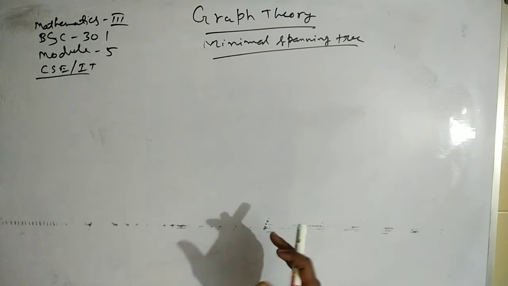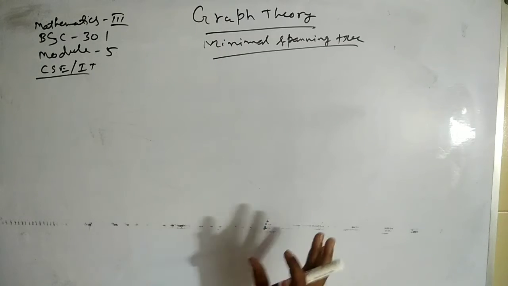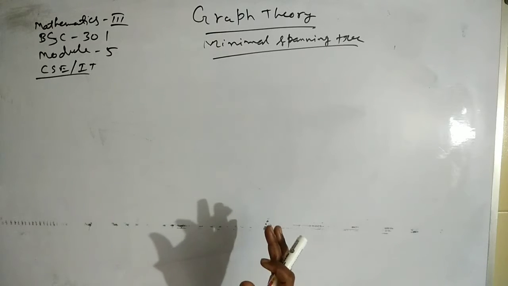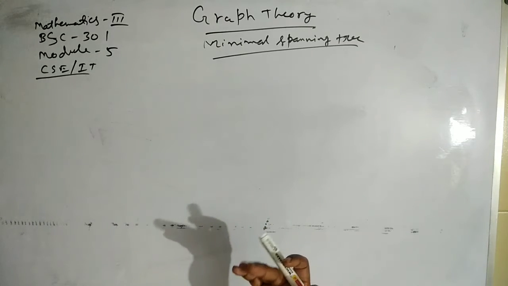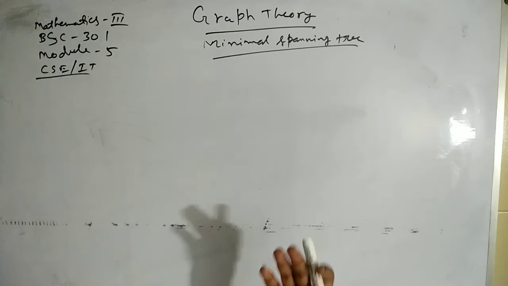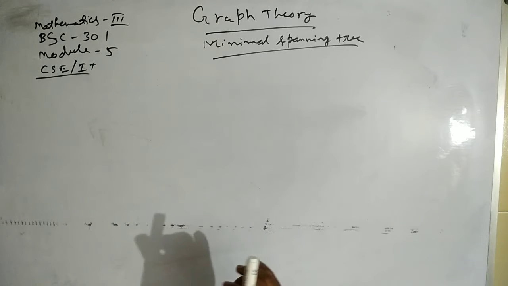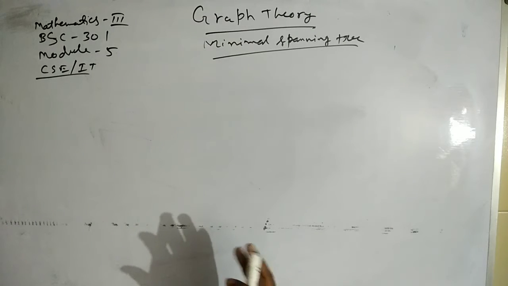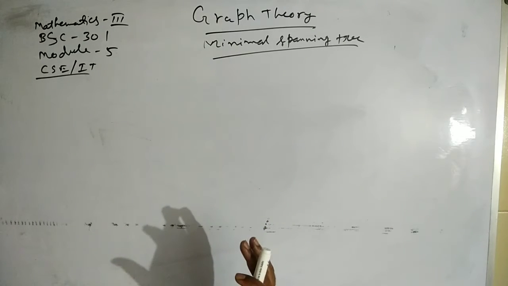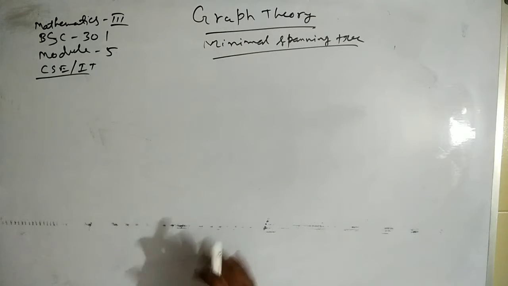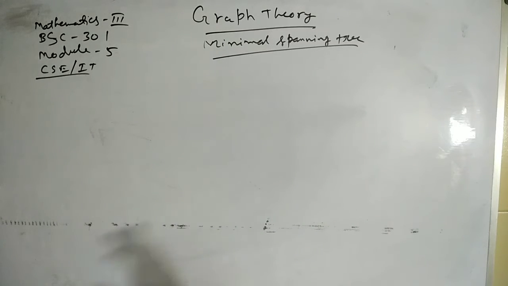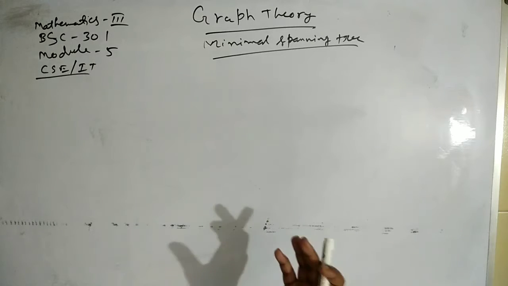Now, if a graph is a weighted graph, that is, weights are given on the edges of the graph, since we can find many spanning trees from a graph, after finding all the spanning trees from that graph, you can find the minimal spanning tree.